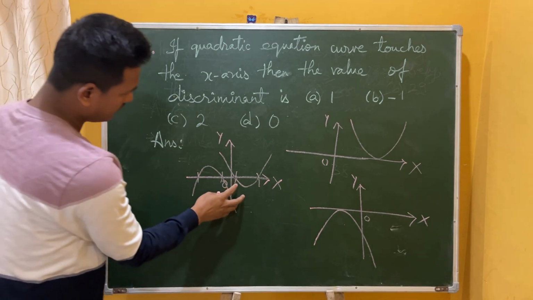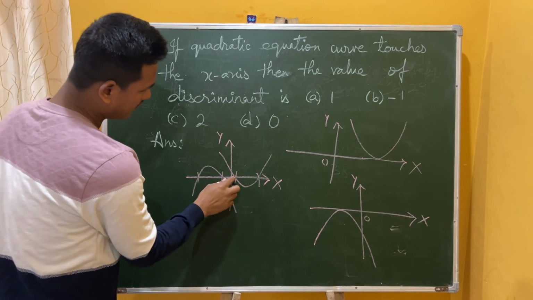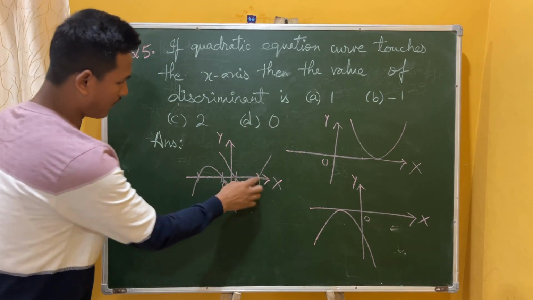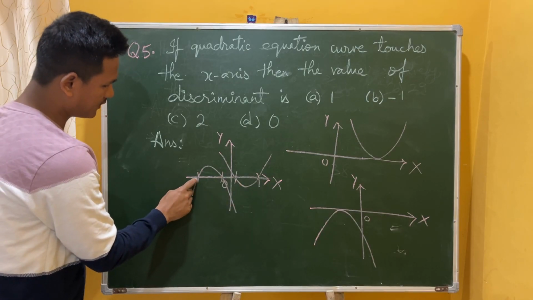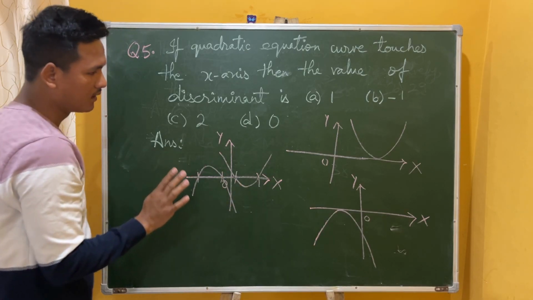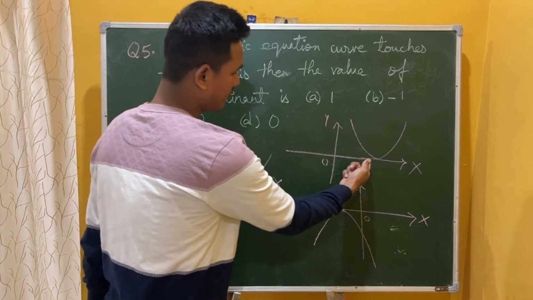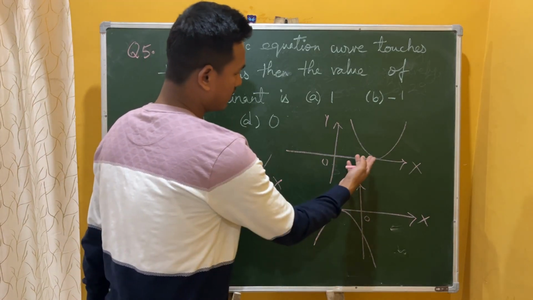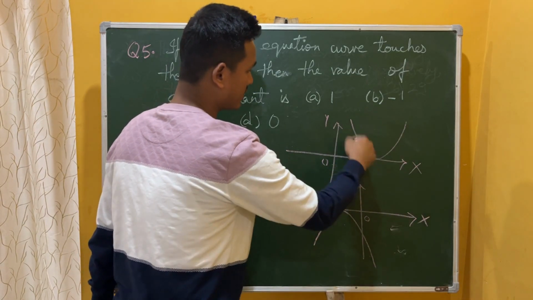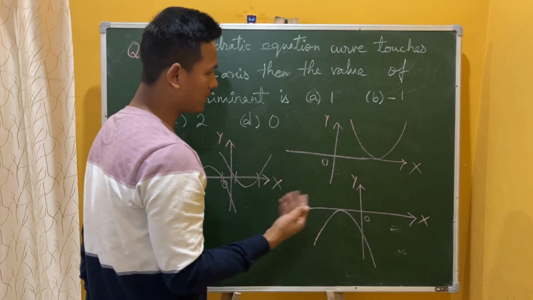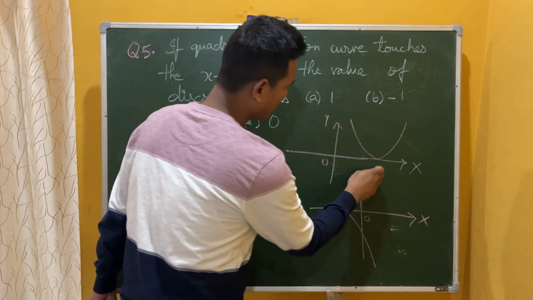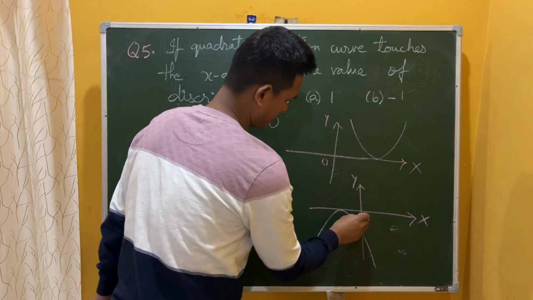Here the curve is intersecting the x-axis at 2 points. Even this one is also intersecting the x-axis at 2 points. But what can you say about these two? This is a quadratic polynomial curve. It is not intersecting, it is just touching.